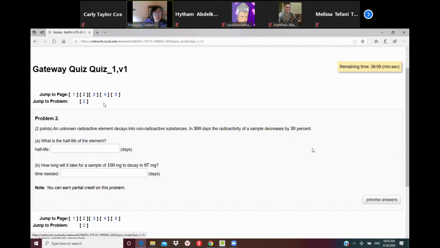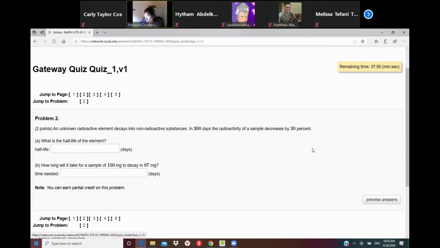Okay, so let us write down the information and solve it on paper first. Problem number 2, we have the following. In 300 days, the radioactivity of a sample decreases by 30%.